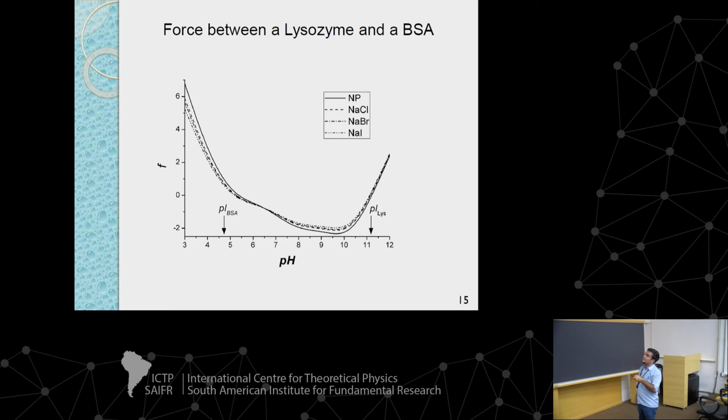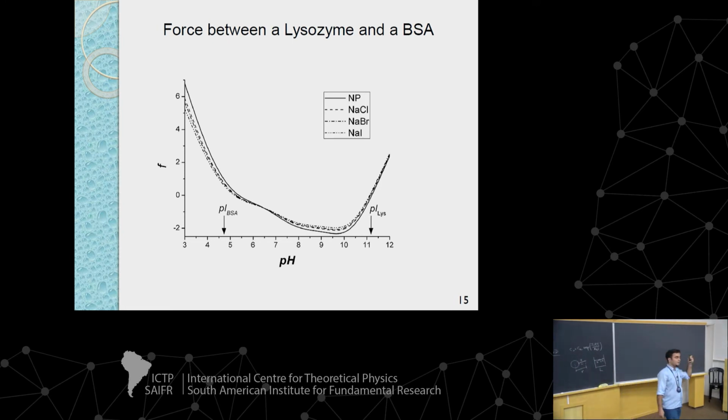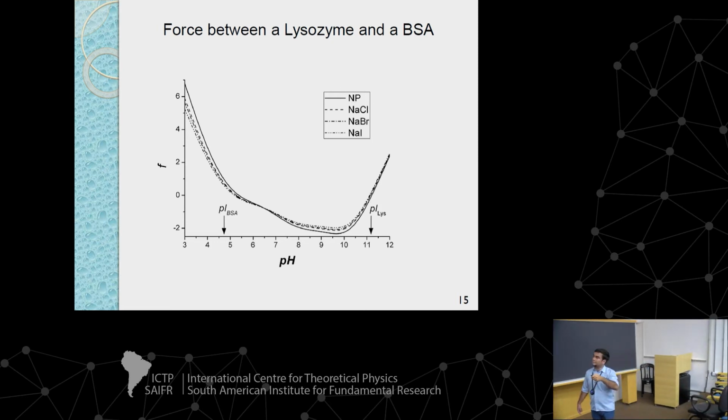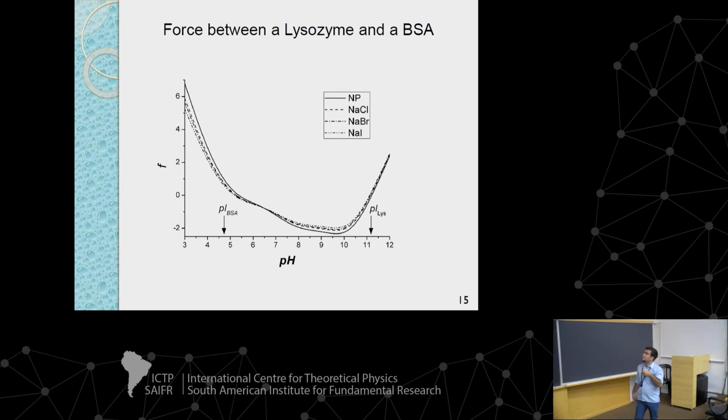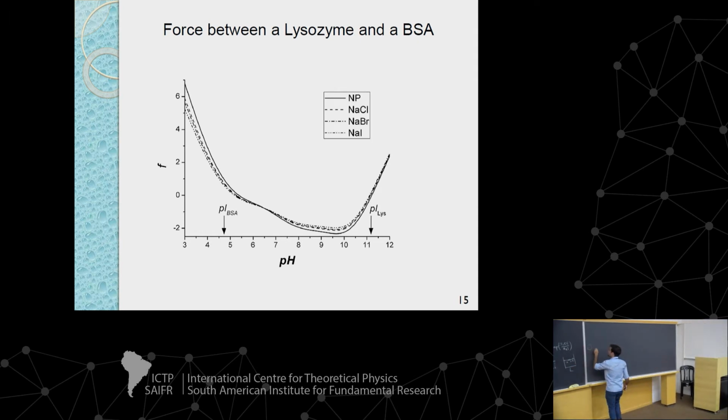So here we can calculate, from this modified Poisson-Boltzmann equation, the force between particles. We are going to see how to apply the Poisson-Boltzmann equation in spherical coordinates tomorrow. But I bring here a result obtained with this kind of coordinate system. So we calculate the force between a BSA and a lysozyme, okay? We have a lysozyme interacting with a BSA, and we are calculating the force between them as a function of pH.